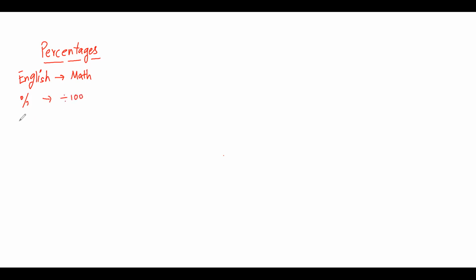If you have the word of, that means you have to multiply, right? If you have the word what, that means you have to put a variable there, right? If you have the word is, or the words equal to, that means you have to use the equal sign.